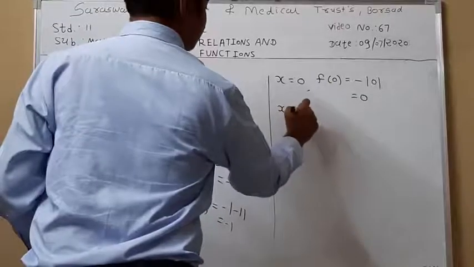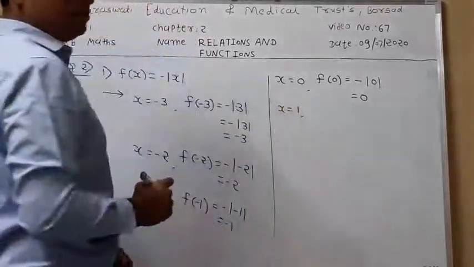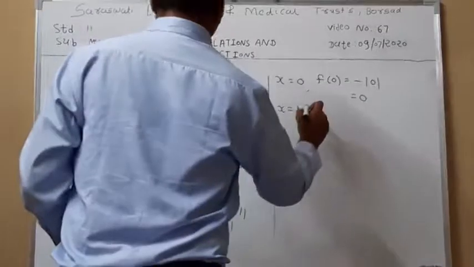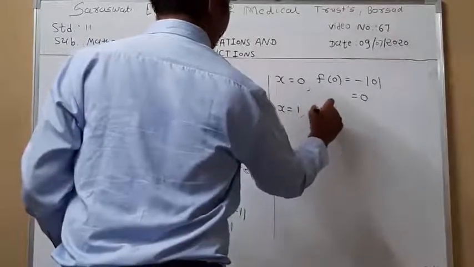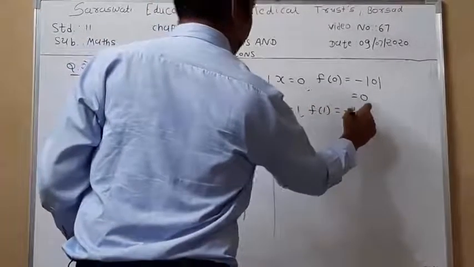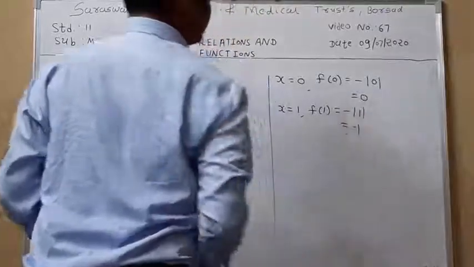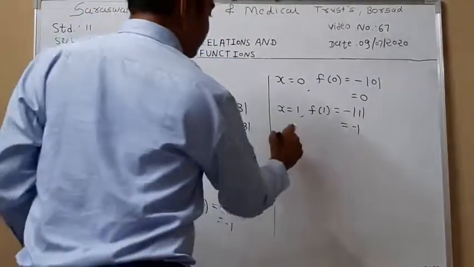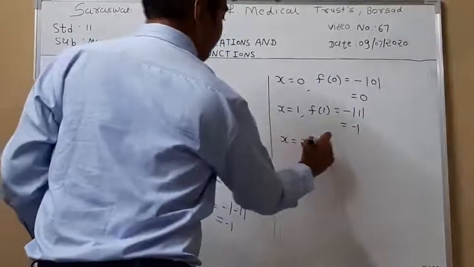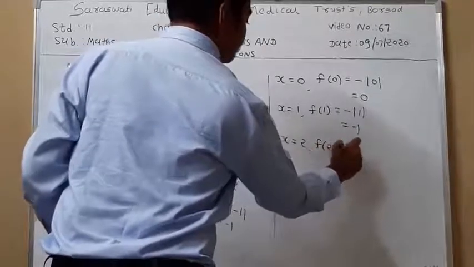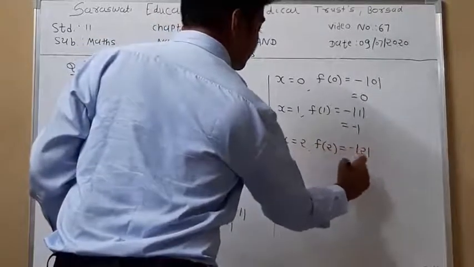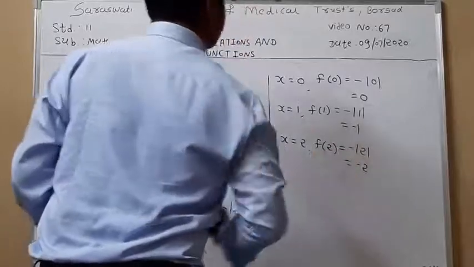Now x is equal to 1. So f of 1 is equal to minus mod of 1, that means minus 1. x is equal to 2. So f of 2 is equal to minus mod of 2, that means minus 2. Right? And so on.